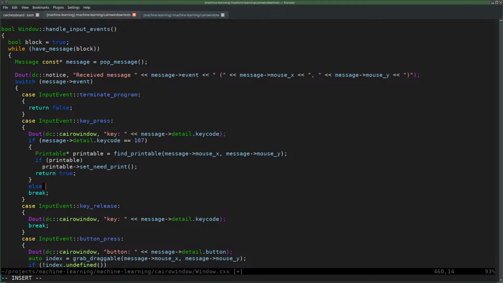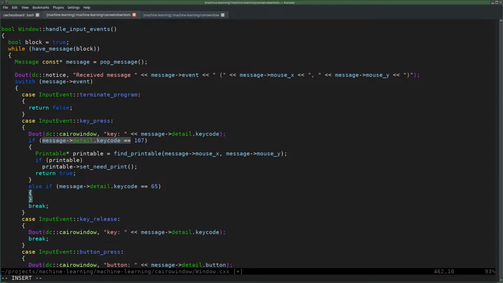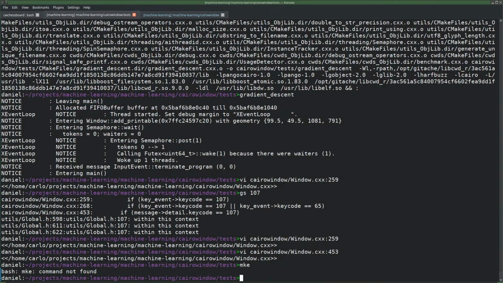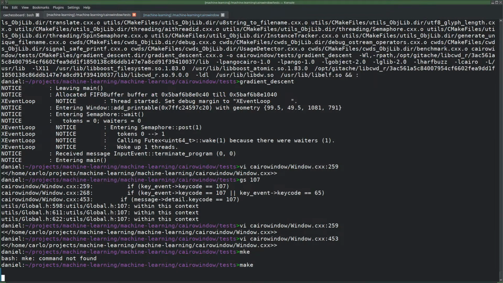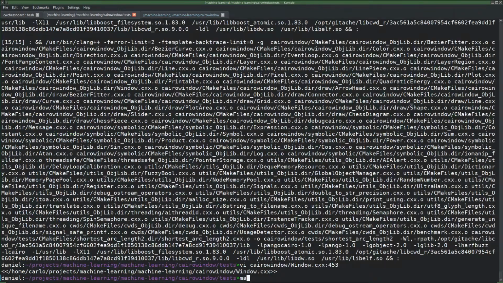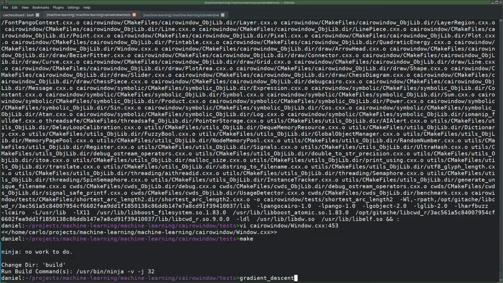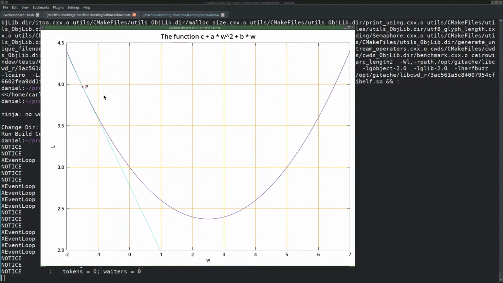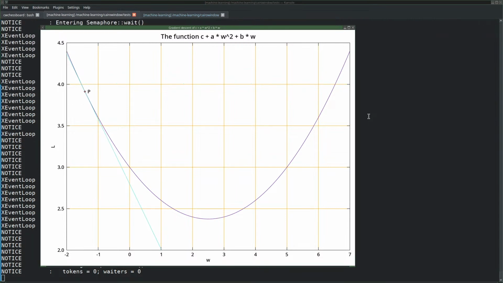Else if message detail key code is 65, just return true. Yeah, did you see it move? It went a little bit down. So I press it again and again, and I just repeat space.